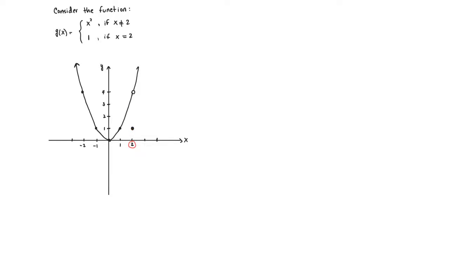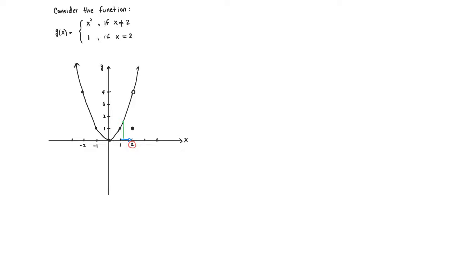From the point of view of a limit, though, we don't care what happens at 2. We only care about what happens around 2. So for example, when x is approaching 2 from the left, I notice that the y values of the function lie on the parabola.